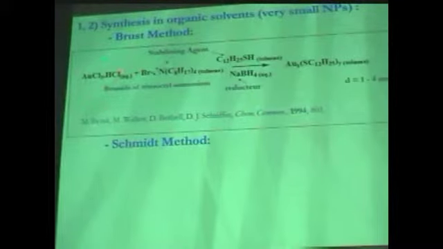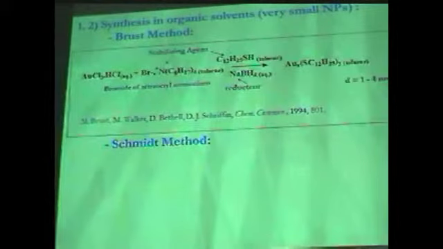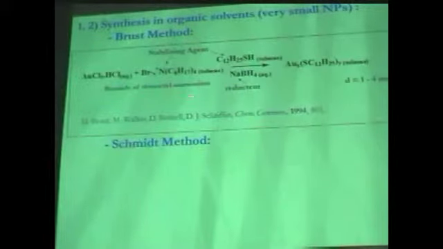We start with the HAuCl4 precursor, and by using tetraoctylammonium bromide, which is a stabilizing agent, and with NaBH4 as a reductor, we obtain nanoparticles with a size ranging from 1 to 4 nanometers.